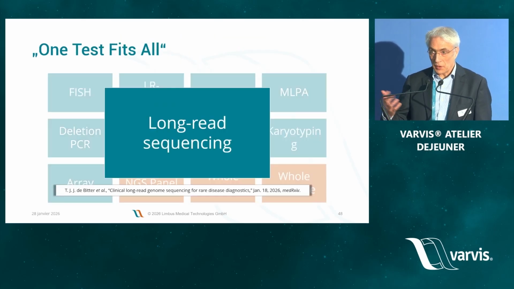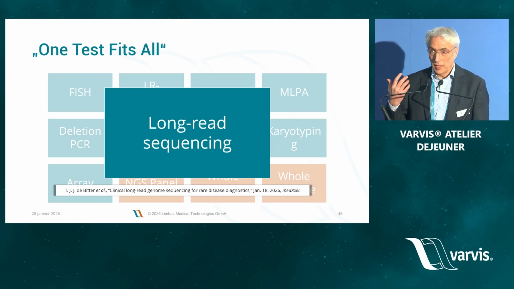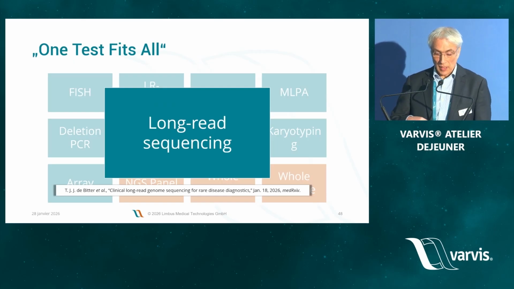So the question is, and has been posed for quite some time now, long-read sequencing has so many unique properties and promises to perform comprehensive diagnostics. This should be the one test that fits all, and probably the group from the University Medical Center in Nijmegen in the Netherlands, from Alexander Hoischen, is probably most advanced in that aspect.